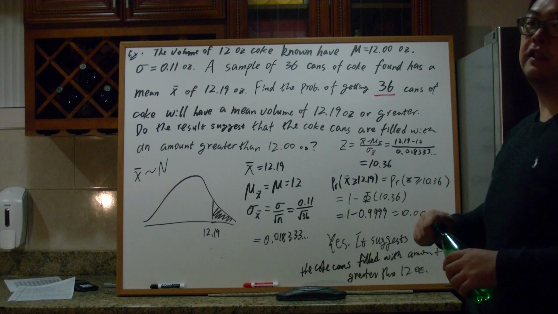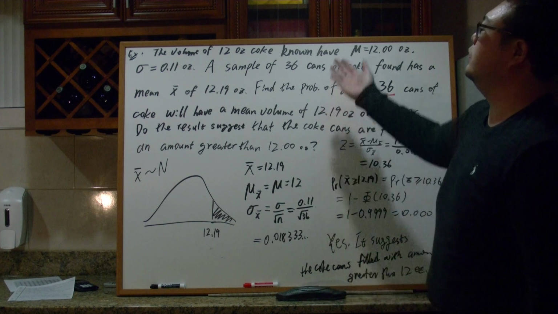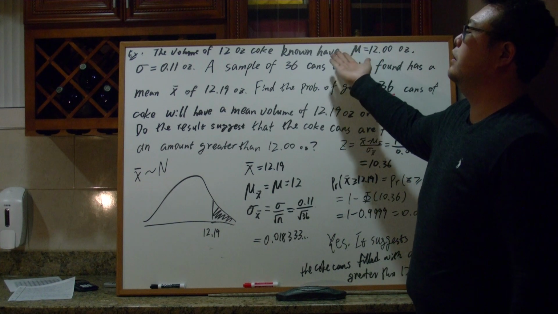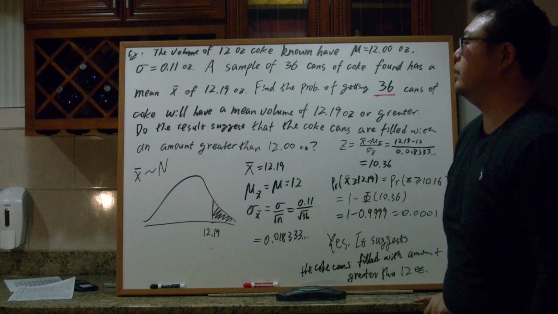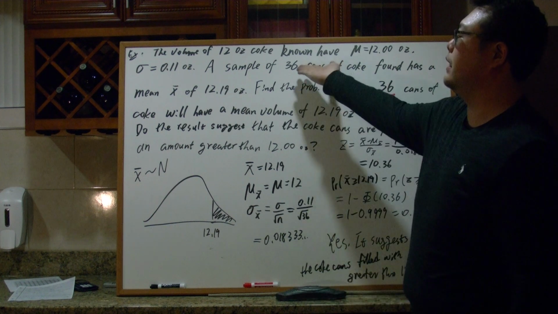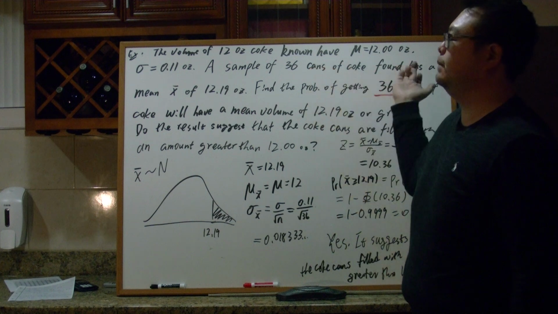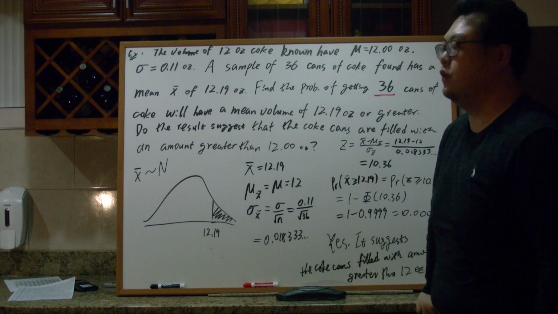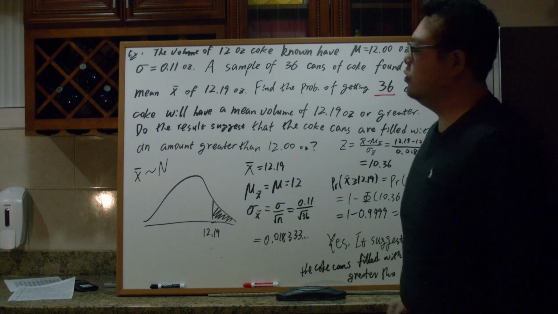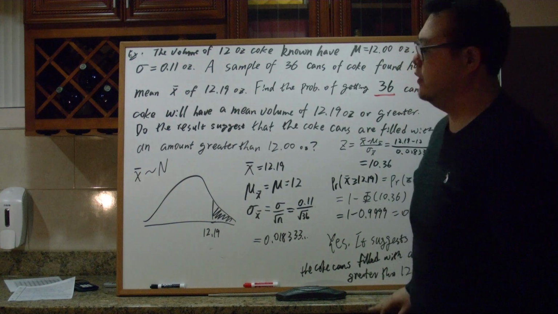So that is the central limit theorem anyway. The key thing here is, even though we don't know the distribution of the original population, the sample size is big enough, more than 30, so we can use the central limit theorem to approximate the sample mean with a normal distribution.